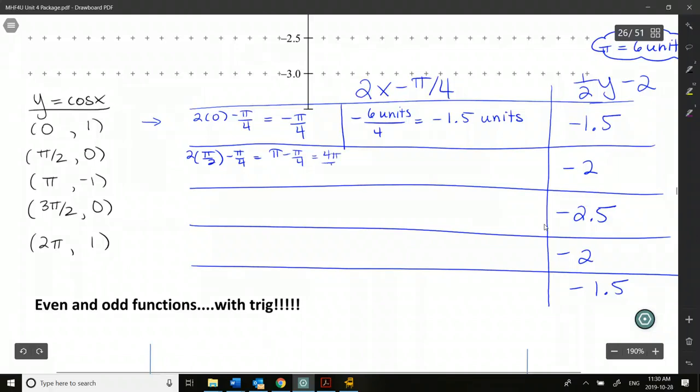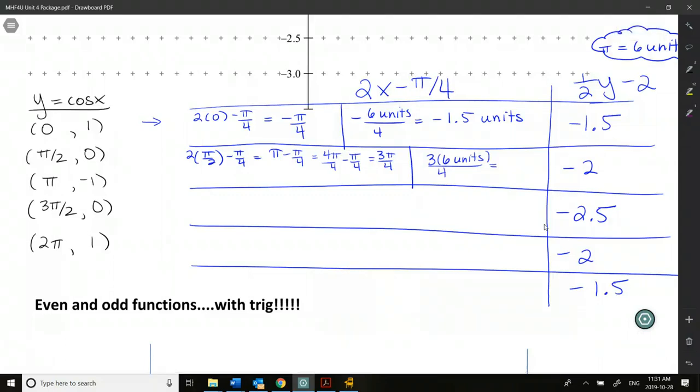That's 4 pi over 4 minus pi over 4, and that gives us 3 pi over 4. And then, again, you can sub this in and calculate. So we'll do 3 times 6 units divided by 4, and that will give us where to place this point. 4.5, thank you.